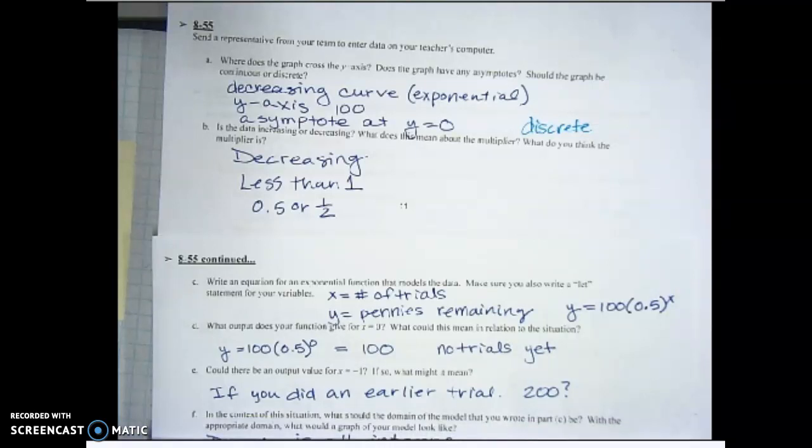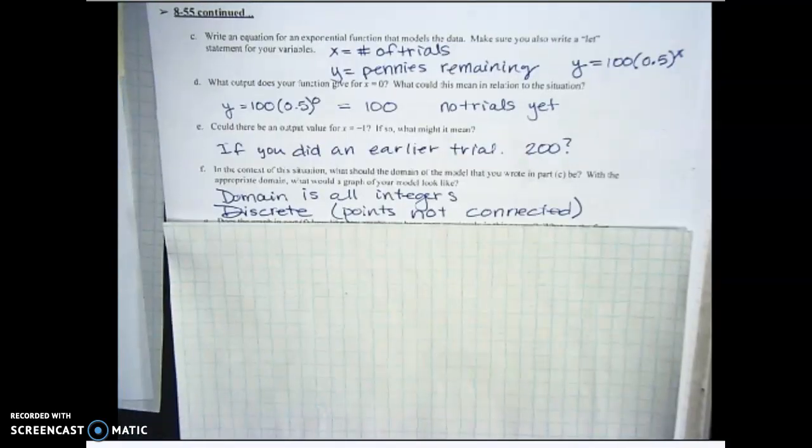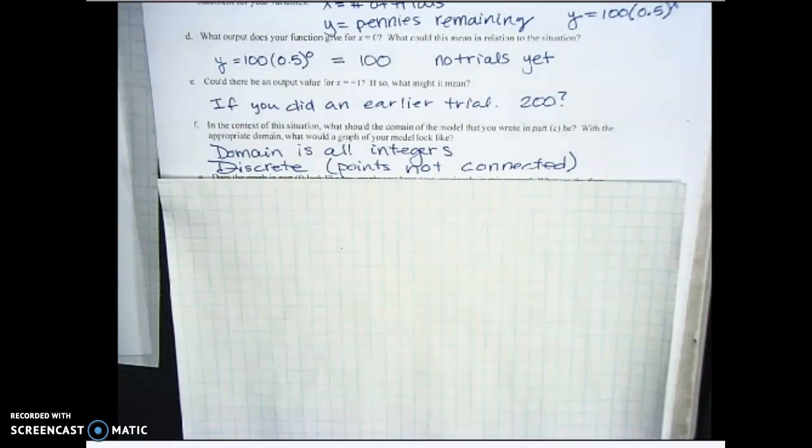Okay. Question F. In the context of this situation, what should the domain of your model that you wrote in part C be? With the appropriate domain, what would a graph of your model look like? So basically the domain is all integers. Integers just means counting numbers. So you have trial 0, you have trial 1, you have trial 2, you have trial 3, trial 4, trial 5.